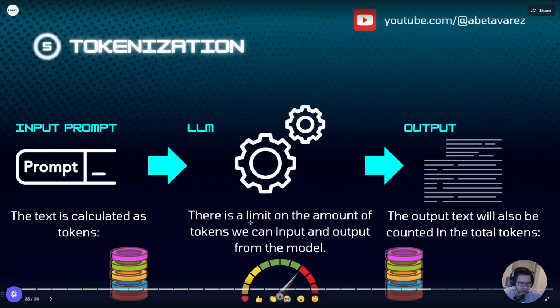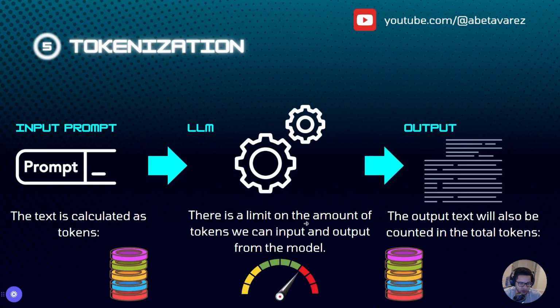So the LLM will have a limited number of tokens it can take as input and output from the model. So if we ask for too much text, we might end up with some errors, and we need to be aware of the settings. And we're going to practice that in the playground as well.